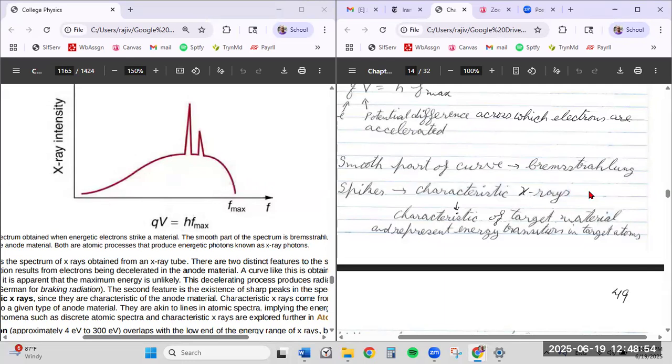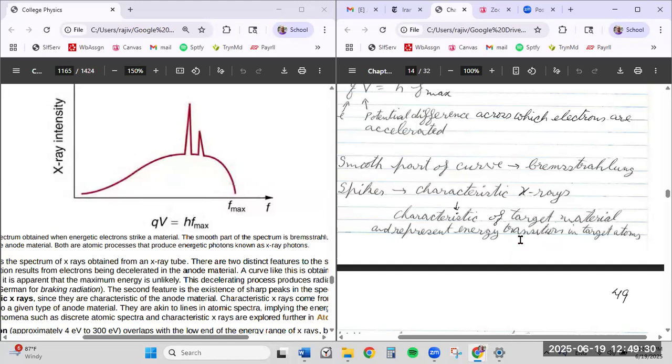And the reason why these spikes are produced is because if the energy of the incoming electrons corresponds to what are called different energy levels inside the atom of the metal, then these electrons can be absorbed, and the atom then has a higher energy than it did before.